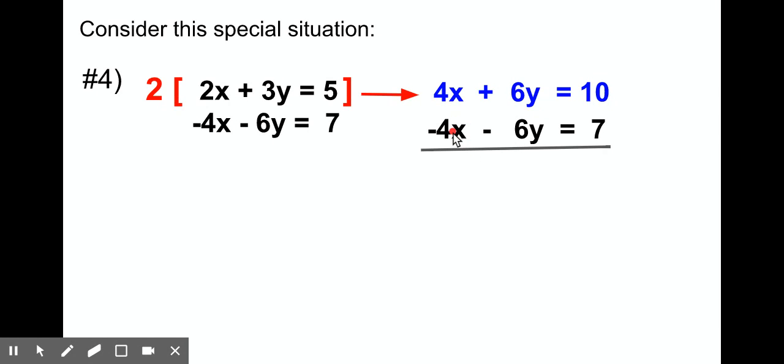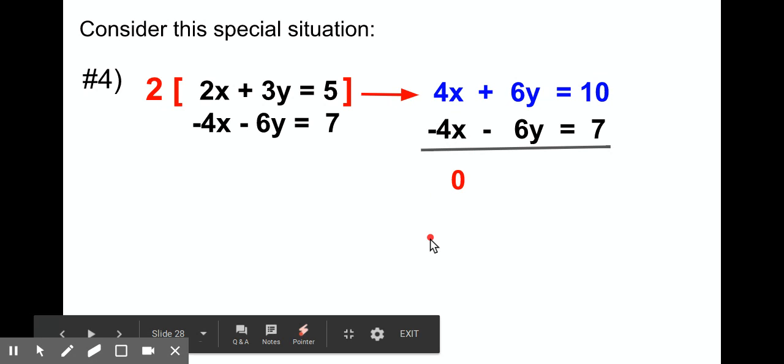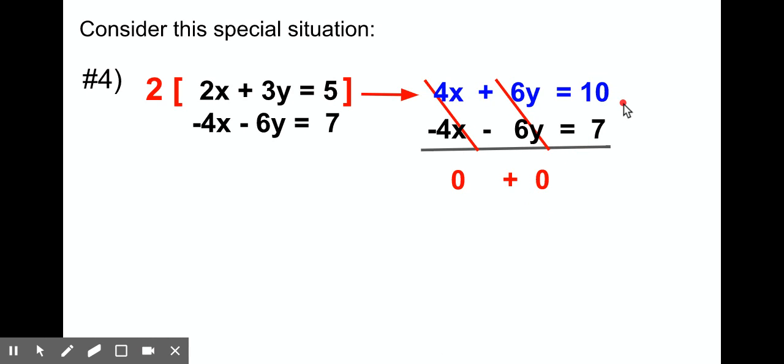Positive 4x and negative 4x, that's going to cancel out and give you 0. Positive 6y and negative 6y, that's going to cancel out and give you 0. But over here at the end, you have 10 plus 7. That did not cancel out. 10 plus 7 is 17. So what does this mean when it's lying to you?